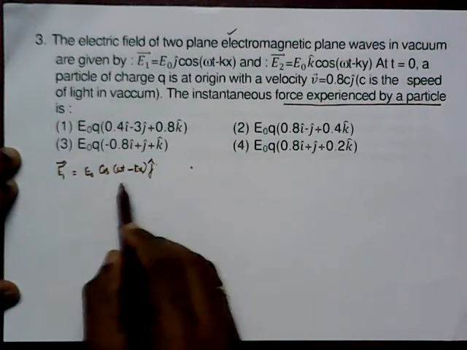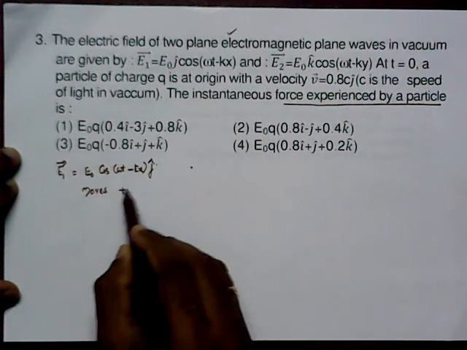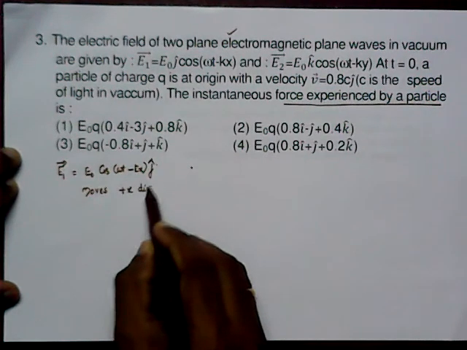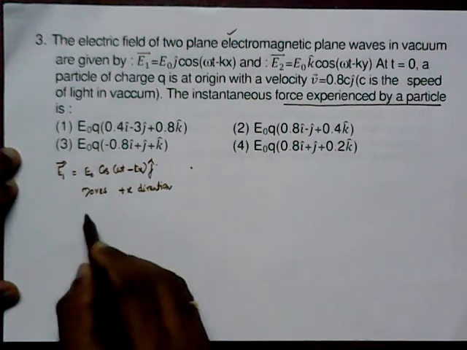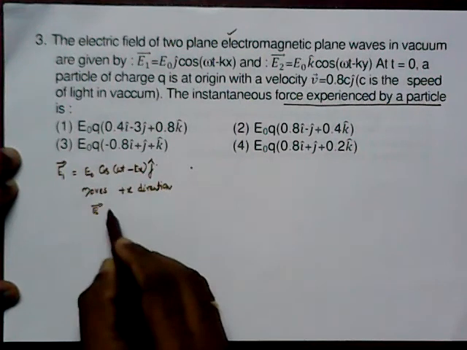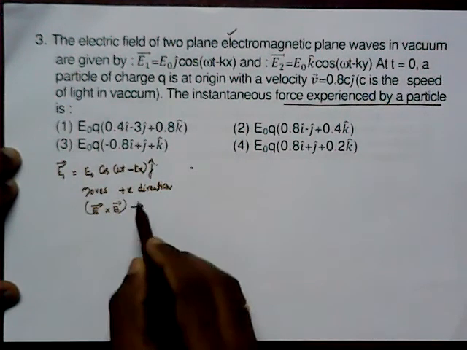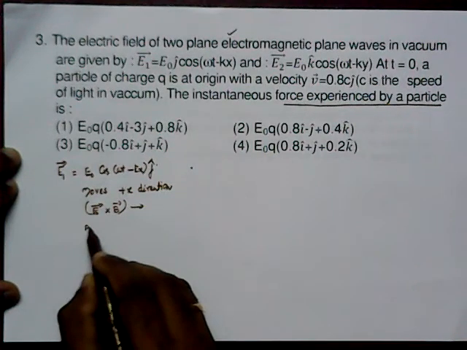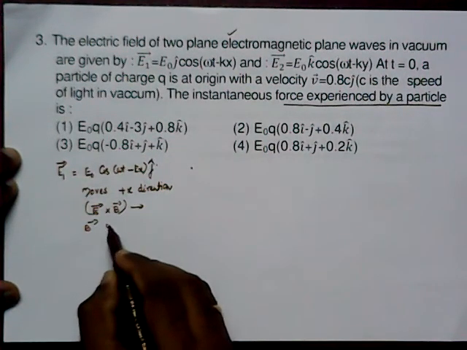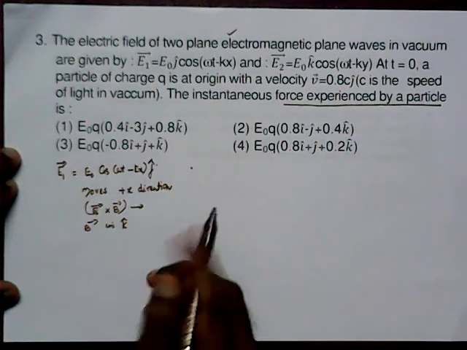So here it moves along the plus x direction. Then the propagation can be easily found, as E cross B will give the direction. It should be in our mind. Therefore, we can say the magnetic field is in k cap. That is a very important concept.